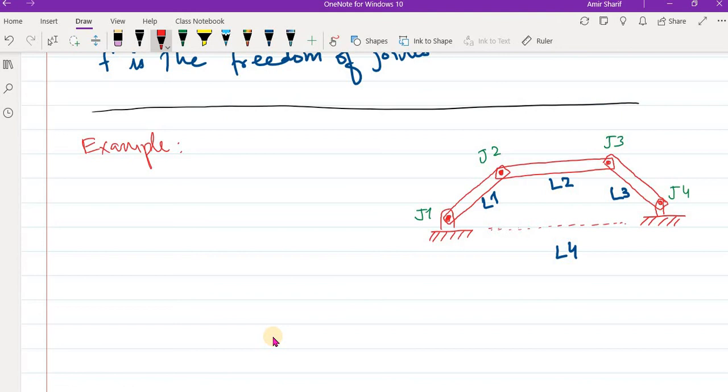Okay, so now we have to calculate its degrees of freedom using Grubler's formula.